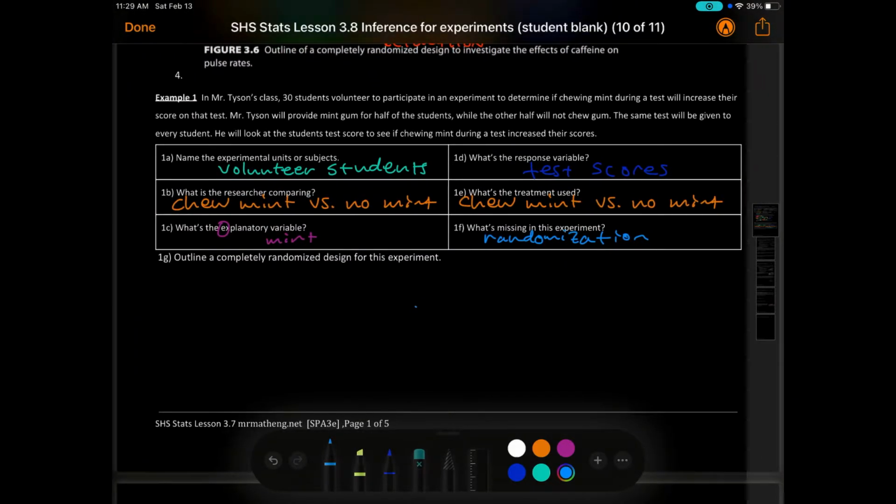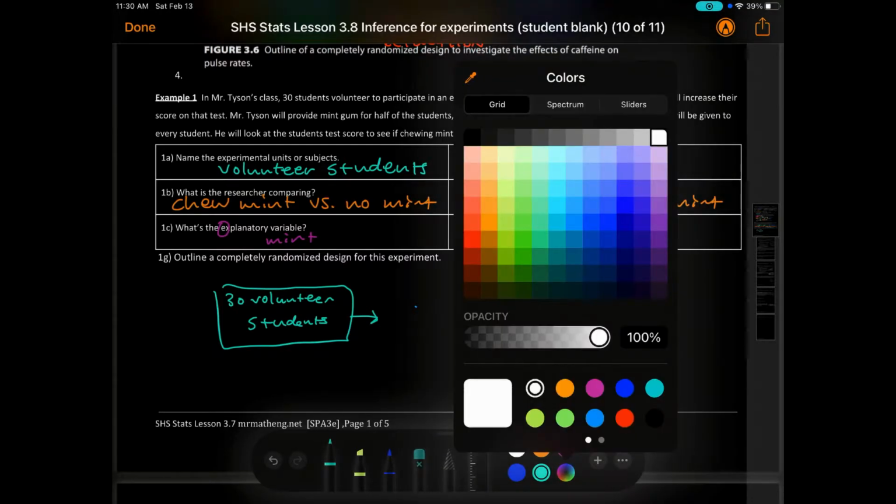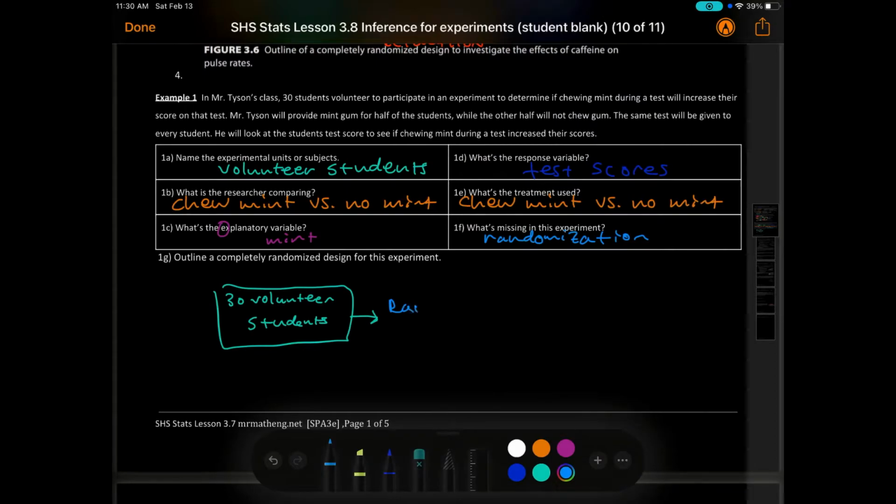Okay, so let's go ahead and draw this out. We have our 30 volunteer students. I used cyan or light blue before. Volunteer students. And then from here, this is where we should be doing our randomization, our random assignment.